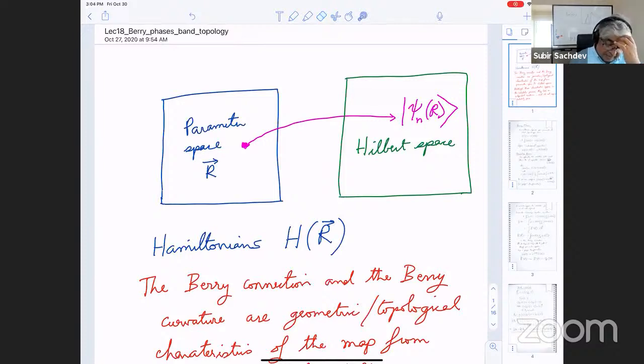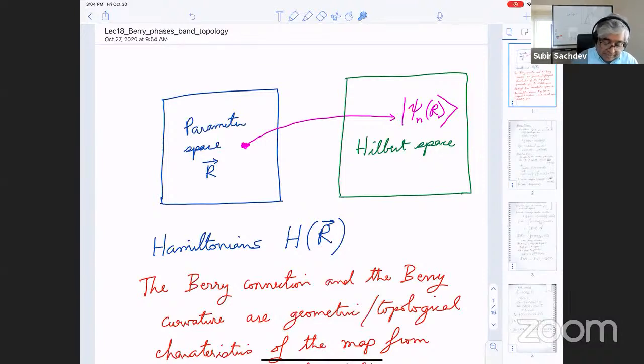Okay, so the idea is you have some Hamiltonian H, which depends on parameters R. These are just some classical parameters, could be the pressure, the density, chemical potential, location of quasi-particles, momentum, whatever. There's just some set of parameters that you can tune in the lab.